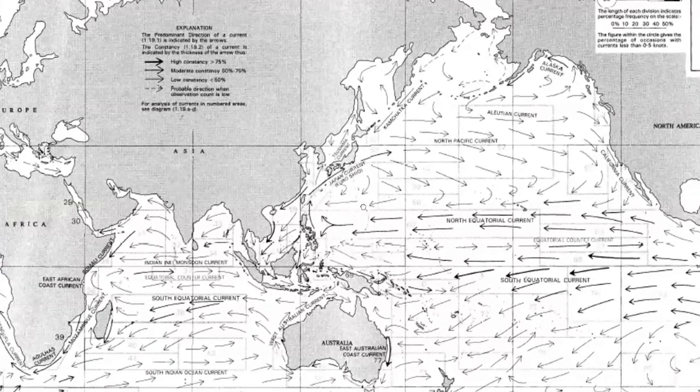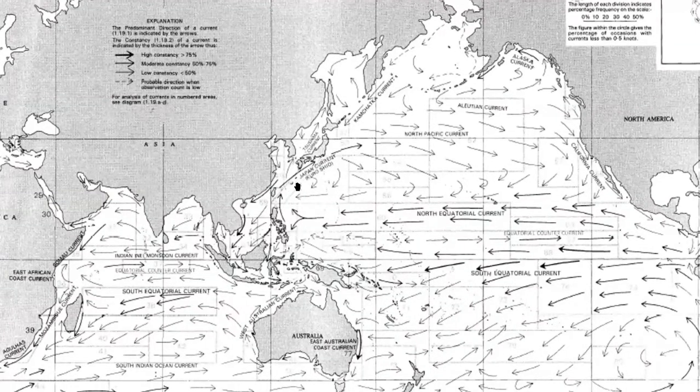Okay, so in the Pacific, you have the Japan current, the Kuroshio, which is connected to the North Pacific current. And then upon reaching the coast of America, some of it will go down to connect to the California current, and some of it will go upwards to connect to the Alaska current.